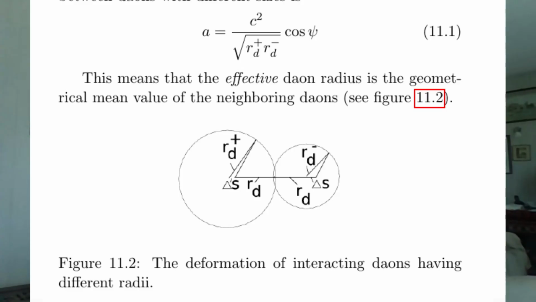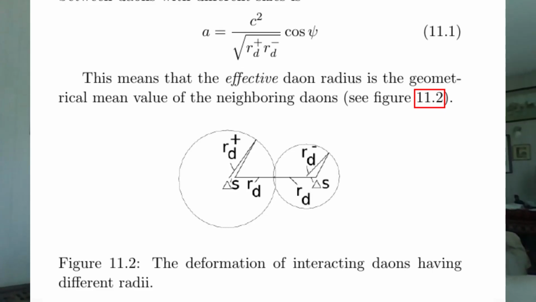Okay, one main problem with these particles is that if an electron and a positron come very close together, they start to deform strongly. They're not a sphere anymore, but they are pressed in some sense. And this leads to the DAONs in each shell not having the same size anymore. They have a variable size. And as we have already seen earlier, that means that you have to take the geometrical mean of the radius of all the particles in a shell.